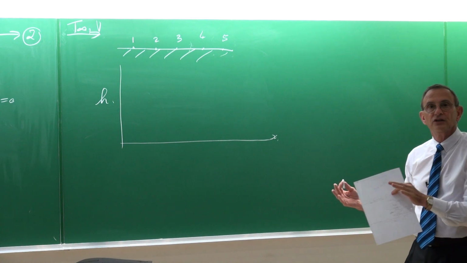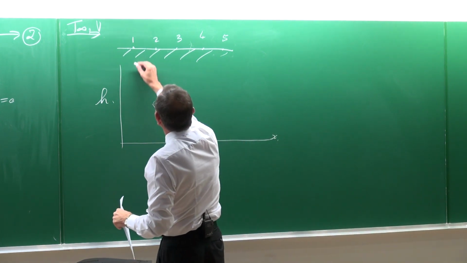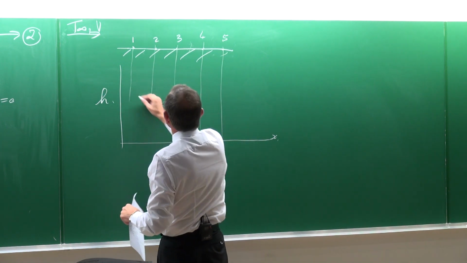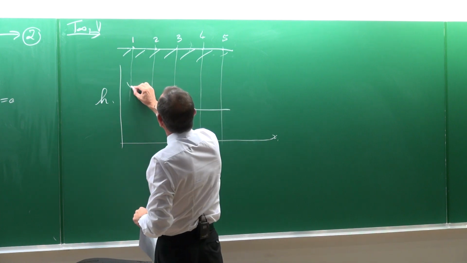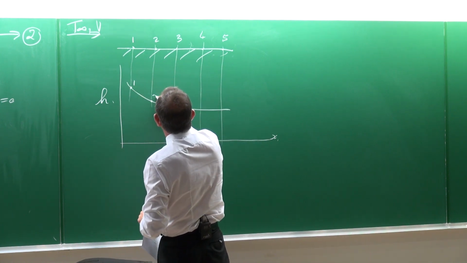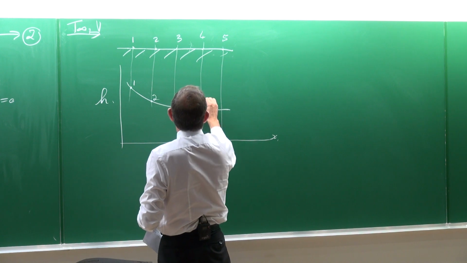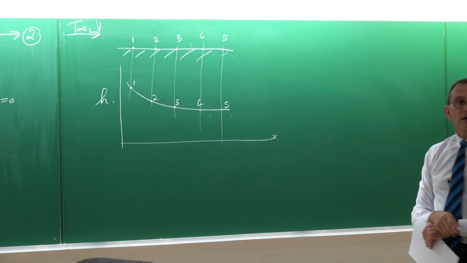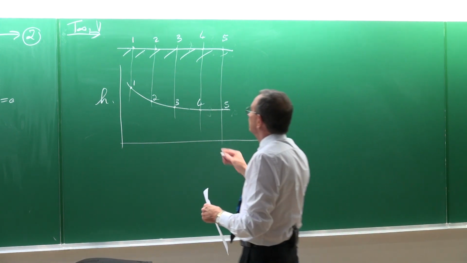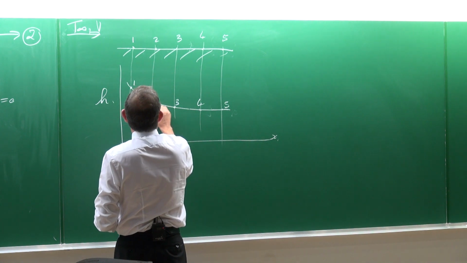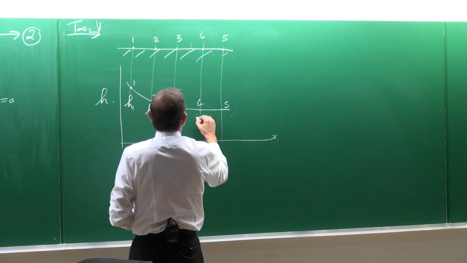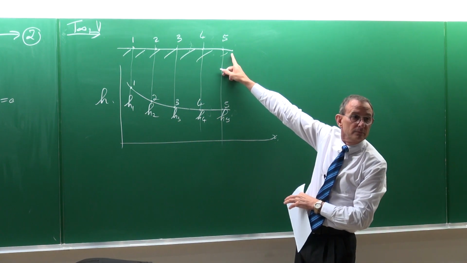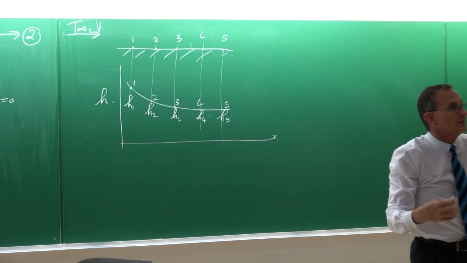And then later on you're going to see that typically for points 1, 2, 3, 4, and 5, the heat transfer coefficients are actually doing something like that. There's point 1, point 2, point 3, point 4, and 5. Therefore, the heat transfer coefficients h1, h2, h3, h4, etc., are a function of position from the leading edge.